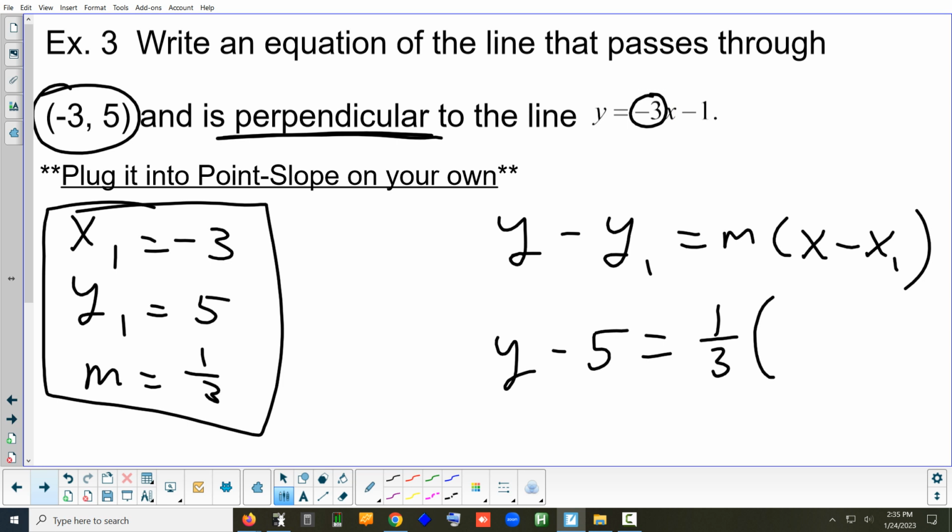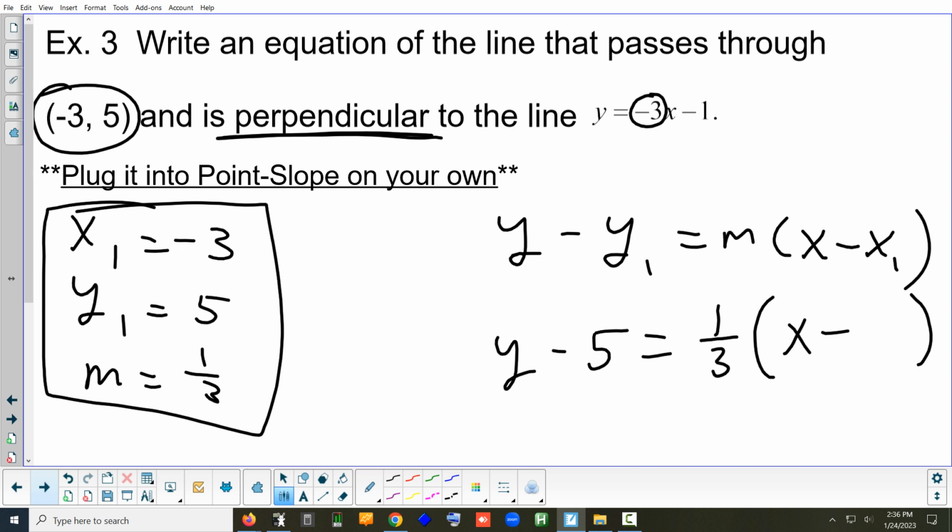What happens to the X? Stays the same. Yes, stays the same. And what about X1? Okay, guys, I need you to pay attention here that X1, it's right on the board.